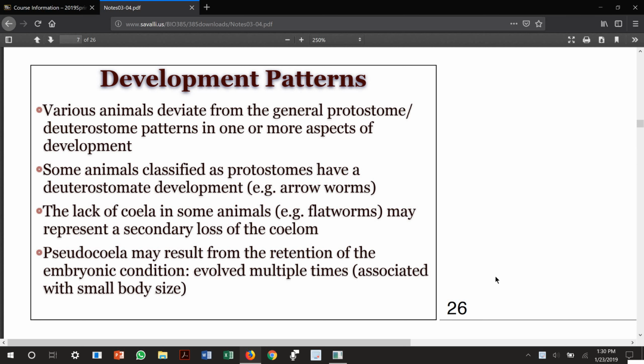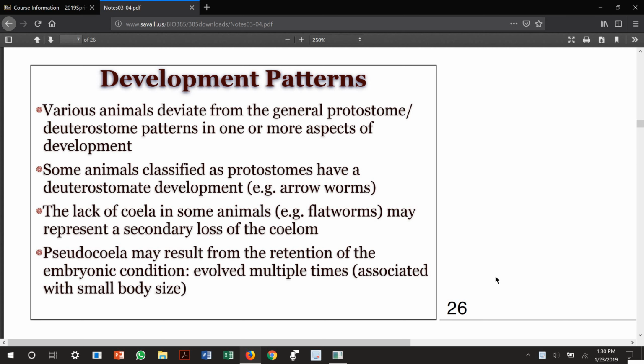And the same with pseudocoela, which is essentially an embryonic stage where you're retaining the blastocoel as part of your coelom. The retention of a pseudocoelom has basically evolved multiple times within the history of animals, and probably is associated with small body size.